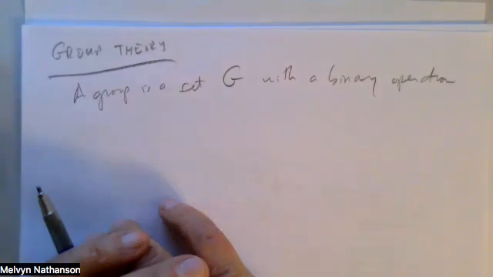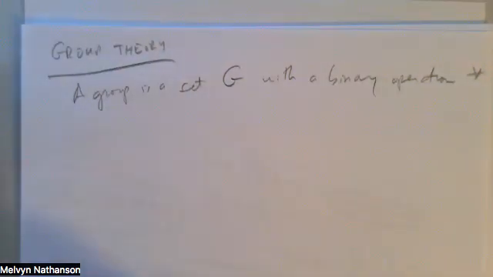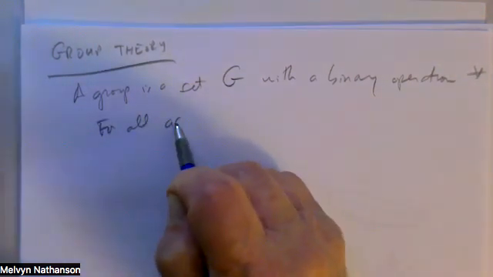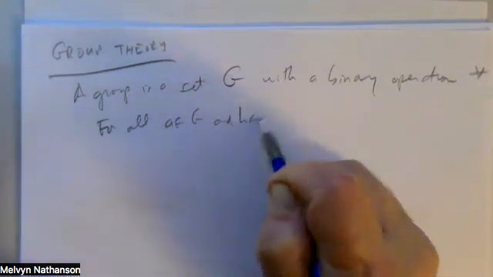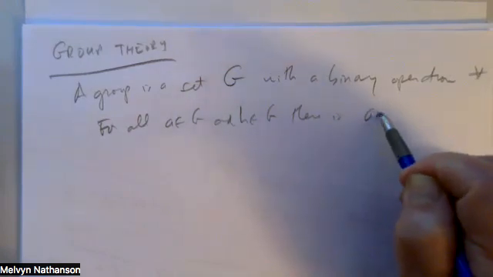We can call it addition, we can call it multiplication, we can call it anything we like. Some binary operation, let me just use a star for the binary operation. That means that for all elements A in G and B in G, there is defined A star B that's in G.